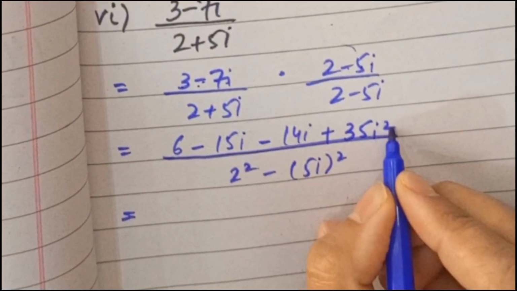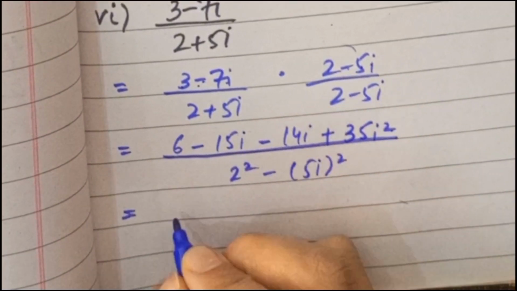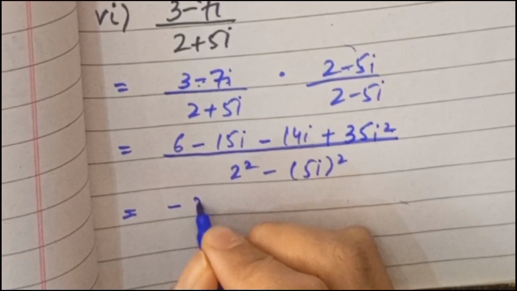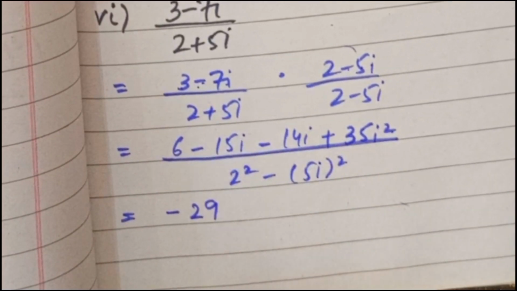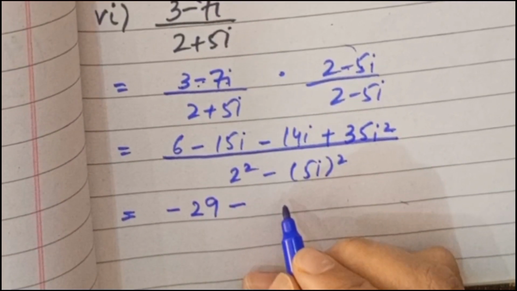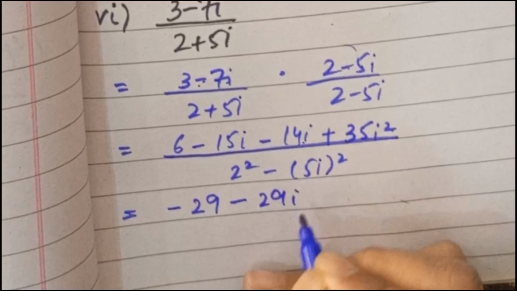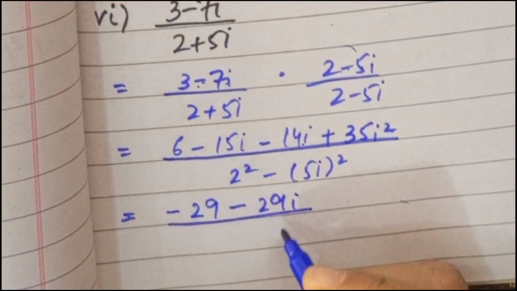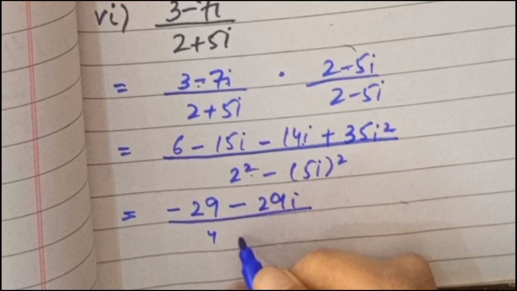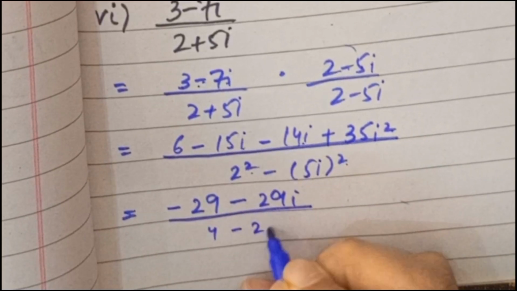Okay, so iota square is minus 1, 6 minus 35 is minus 29, and minus 15 iota and minus 14 iota will give you minus 29 iota again. 2 square is 4, and 5 square is 25.